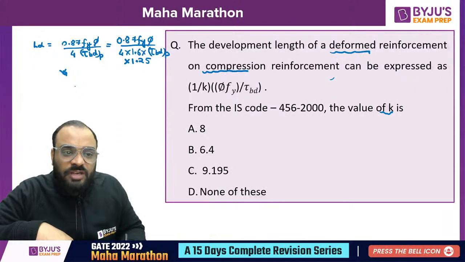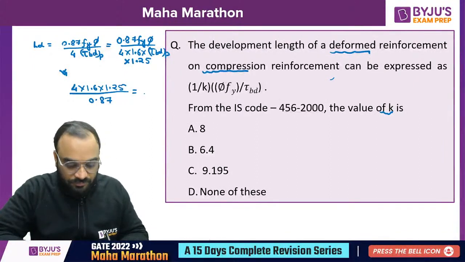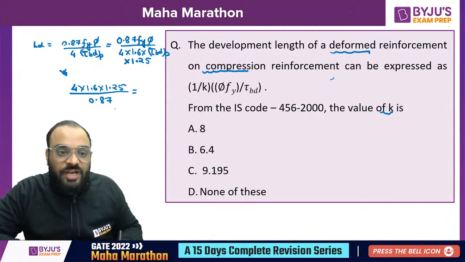So our value of k will become 4 into 1.6 into 1.25 divided by 0.87. Just calculate it. We are getting a value of 9.19, correct?